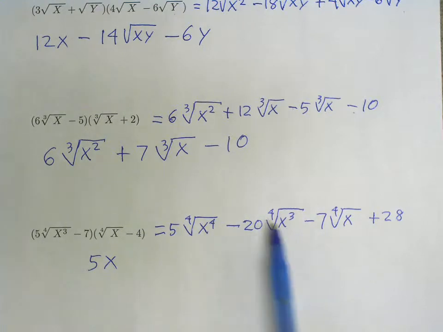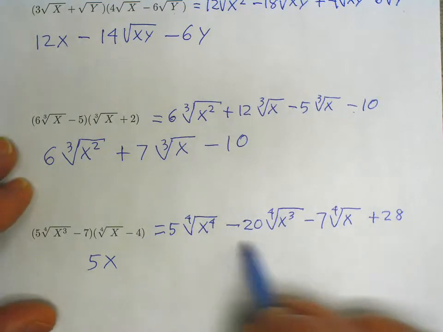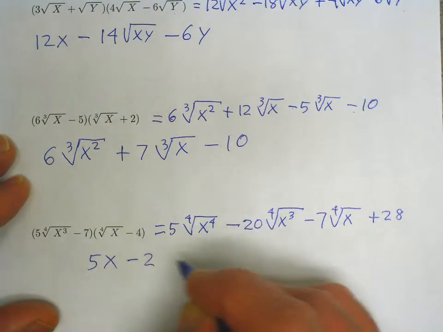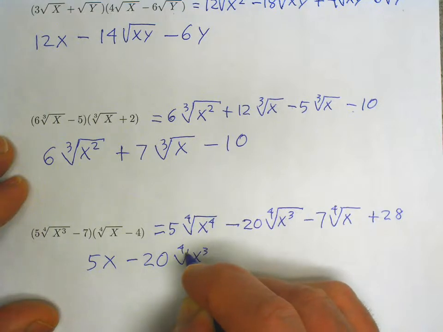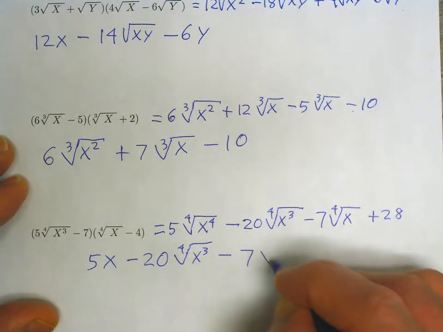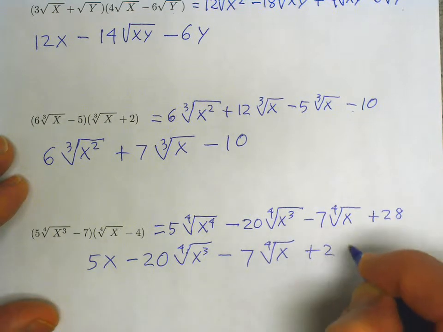They are both fourth roots, but inside each of those, we have different terms. So we can't combine the middle terms this time. So it's 5x minus 20 times the fourth root of x to the third minus 7 times the fourth root of x and plus 28.